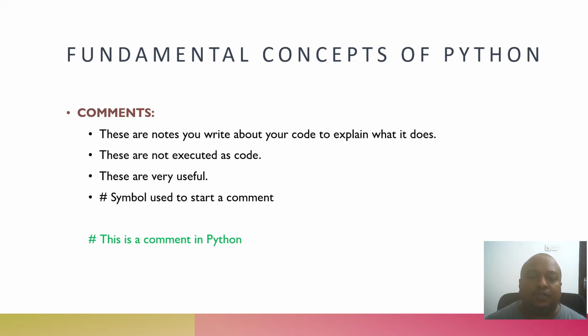Here I have shown you an example: it says this is a comment in Python. We can use comments in various ways. The more we use comments, the more you or someone else will understand what you have done with your code. So keep using comments to explain what you are doing in your code.